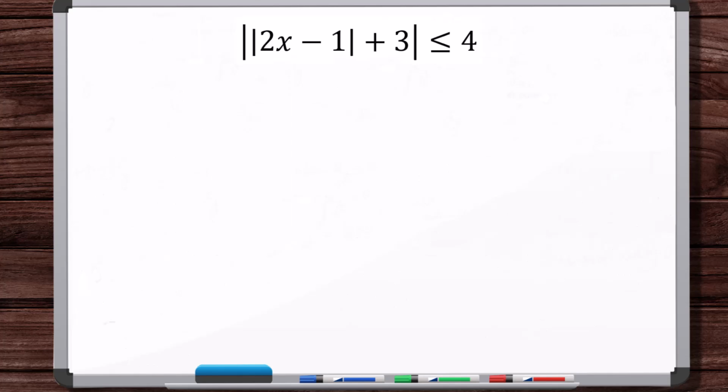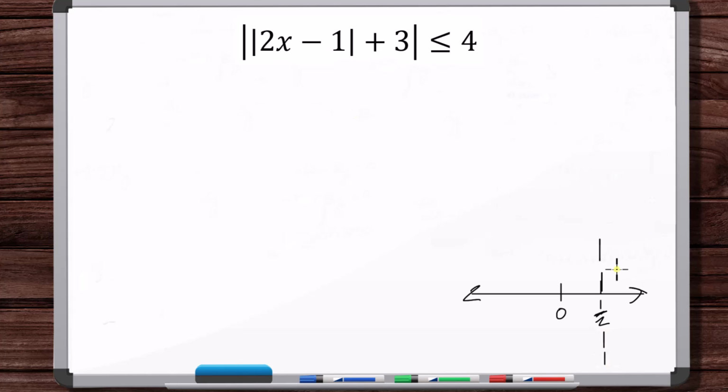Okay, here we have a nested absolute value, but we approach this just like we did with the nested absolute value equations. So we're going to look at this absolute value of 2x minus 1 and consider where that changes sign. That's going to be at 1/2, and that's going to be our only boundary point for the outer problem.